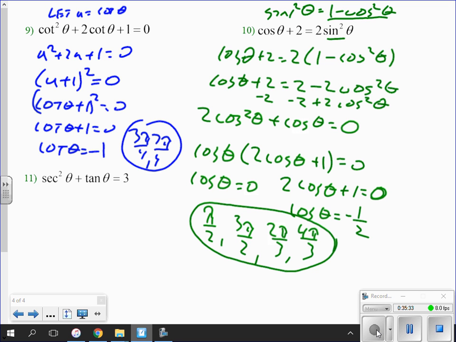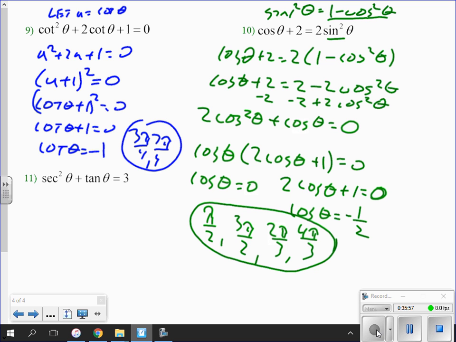So, number 11. It looks like a quadratic. Secant squared plus tangent equals 3. Once again, though, I have secant and I have tangent. I want to put them into the same thing. Now, I could try to substitute for tangent theta.